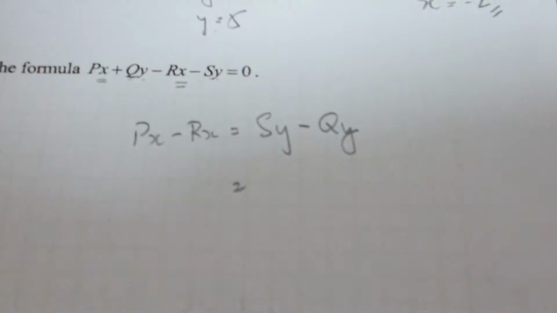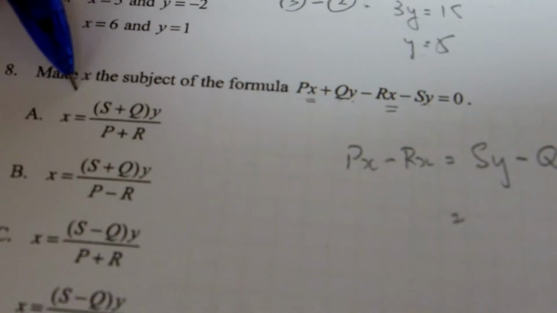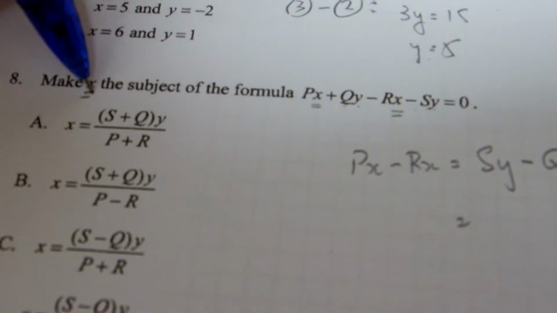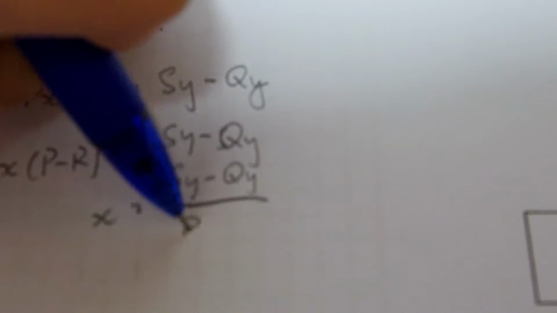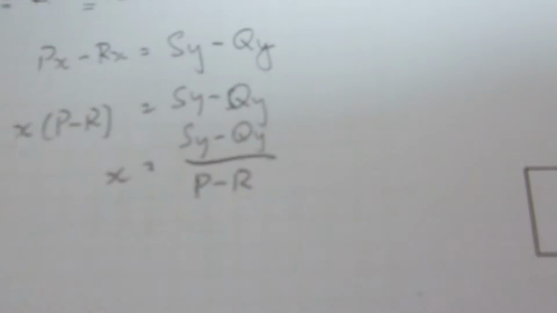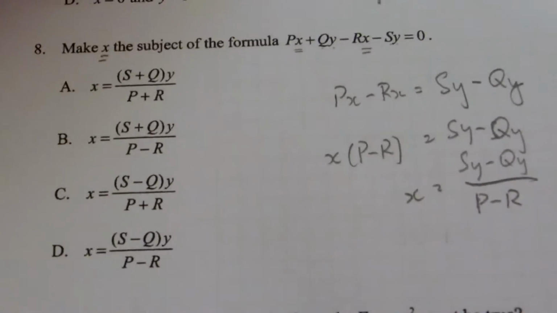And now what should I do? Because I want to have x as the subject, which means I only need x. I do not need others. So let's factorize it. And then what do I get? Should be sy minus qy divided by p minus r. So let's see if I get a similar answer.